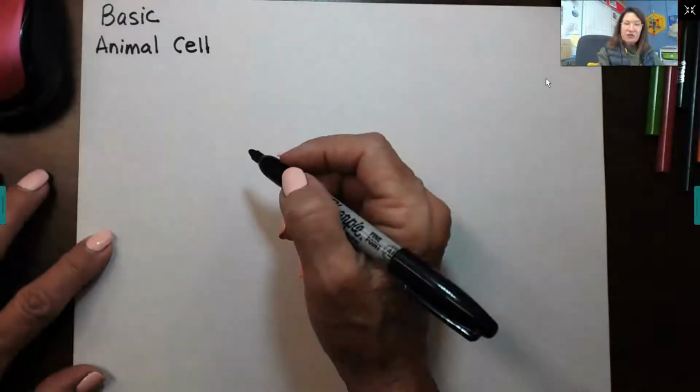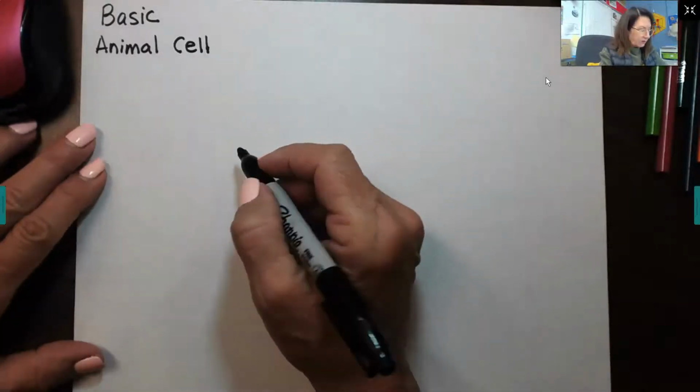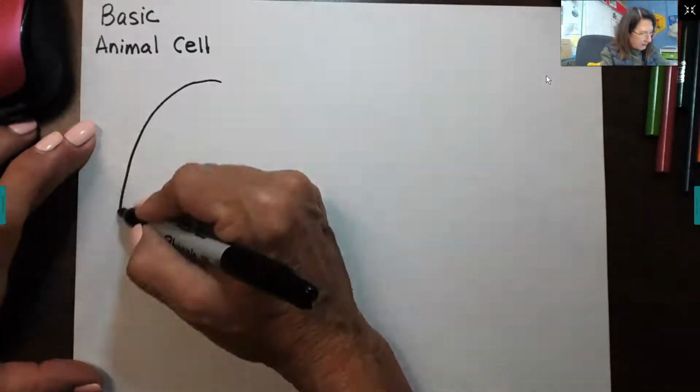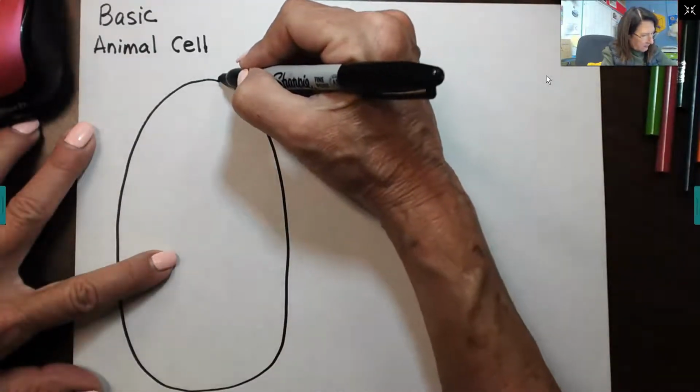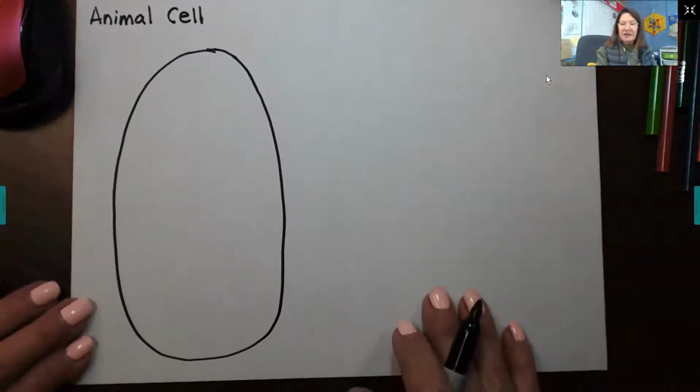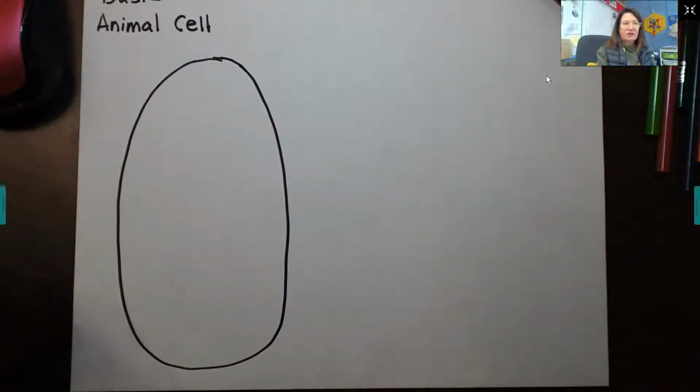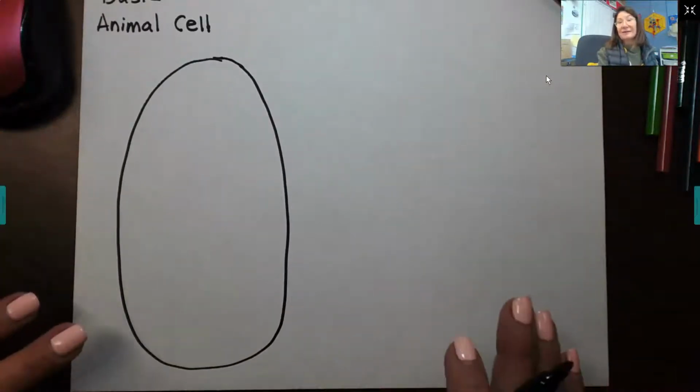Okay, so what I'm going to do is pretty much draw an oval. So I'm going to go like this, like that, and that's my cell. I'm not the best drawer, but I do the best I can.